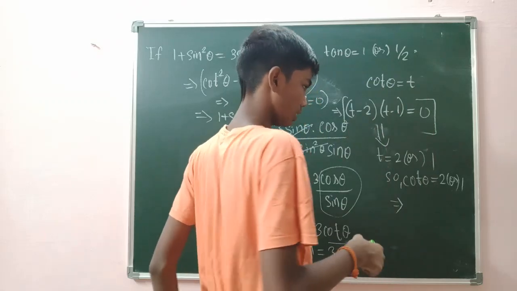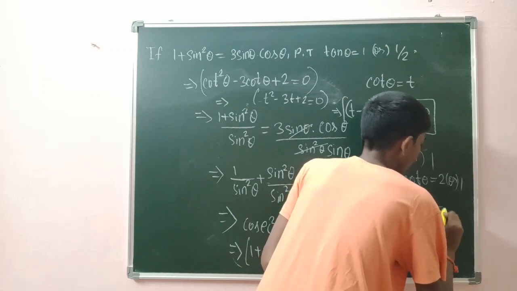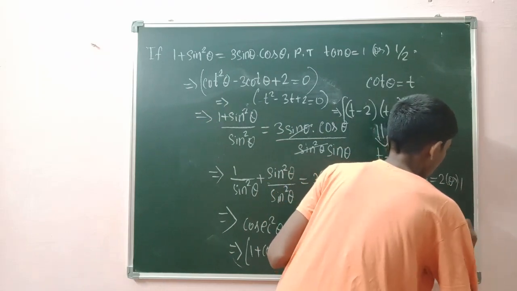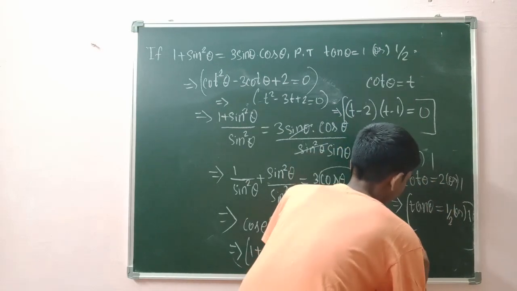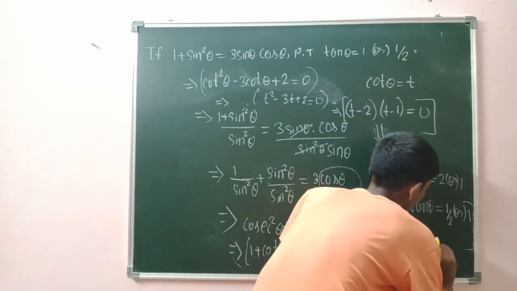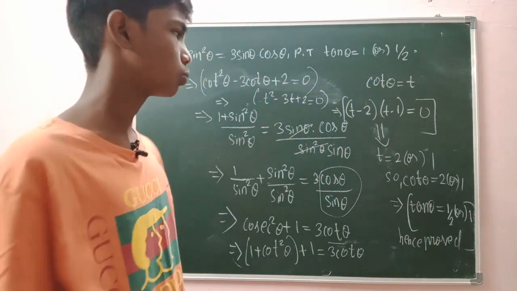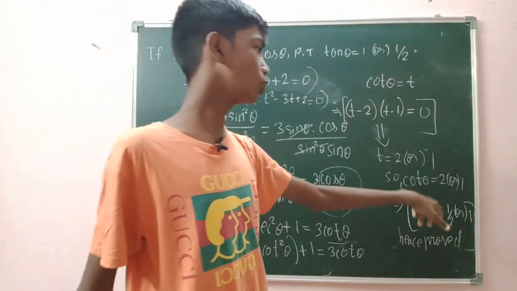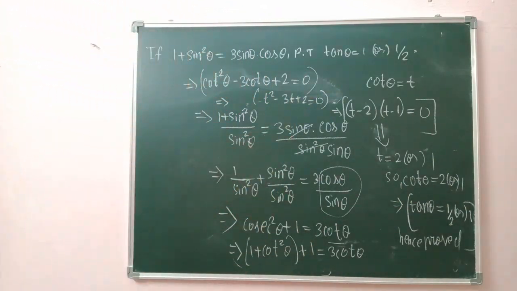Take the reciprocal. 1 by cot theta will be tan theta, which will be equal to, taking the reciprocal on this side also, 1 by 2 or 1 by 1, that is 1. So hence proved. This is how we need to solve this one. If cot theta is equal to 2 or 1, they are asking tan theta, so take the reciprocal on both sides. The reciprocal of 2 is 1 by 2, the reciprocal of 1 is 1 by 1, which is 1. That is what was asked to prove. So that's all. Now it's very easy.